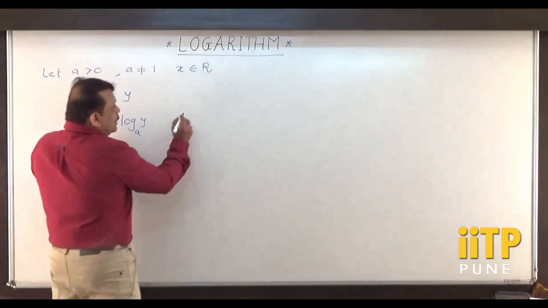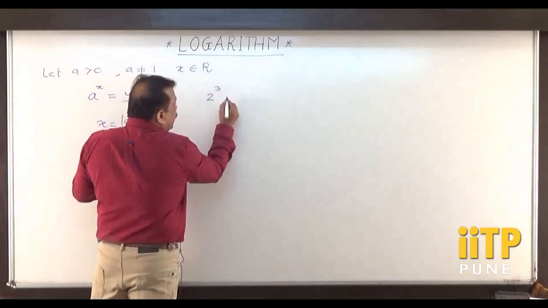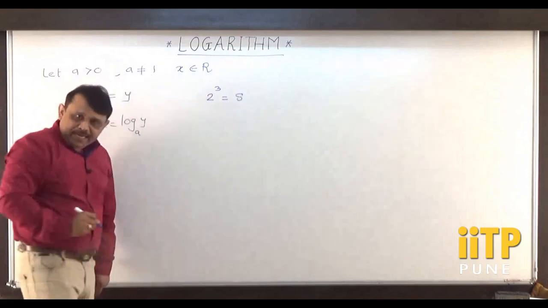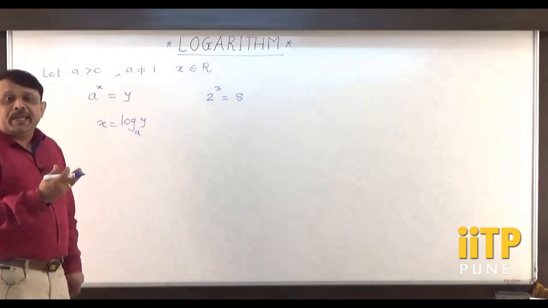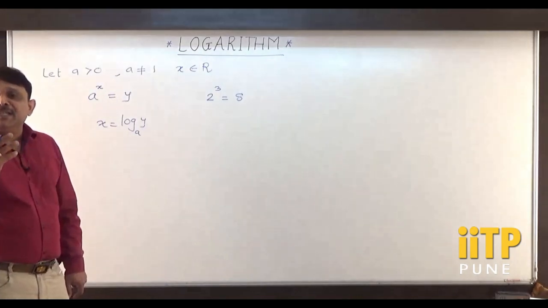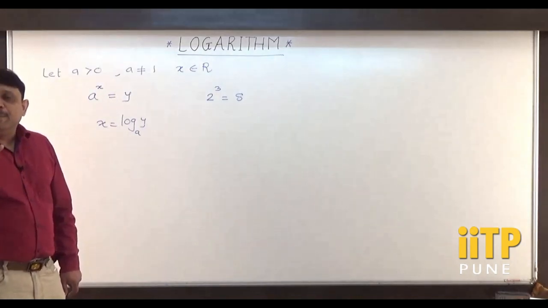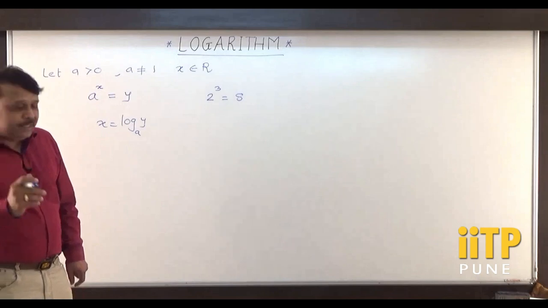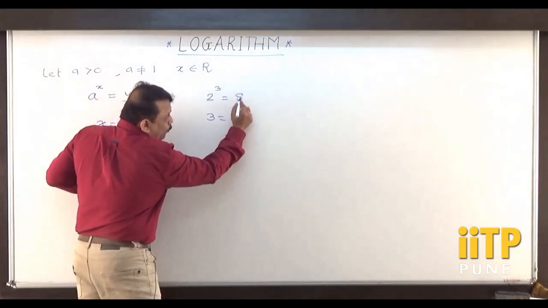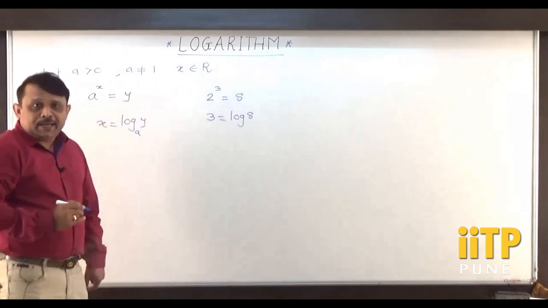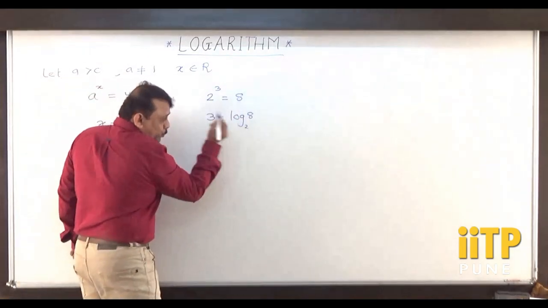So for example, suppose I write 2 raised to 3, we know the result is what? 8. So to which power 2 should be raised in order to get the answer 8? That power is known as logarithm. So this 3 is nothing but log of opposite side, that is 8 to the base what? 2.